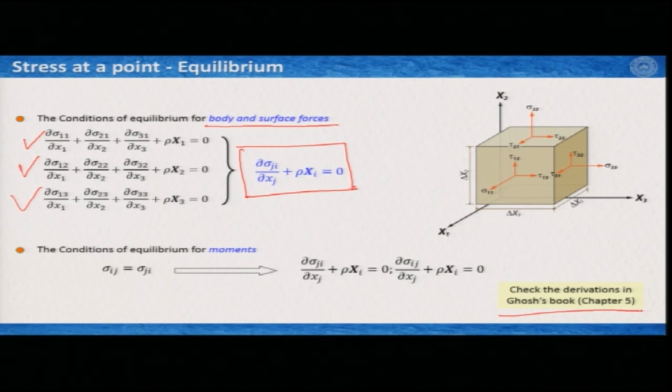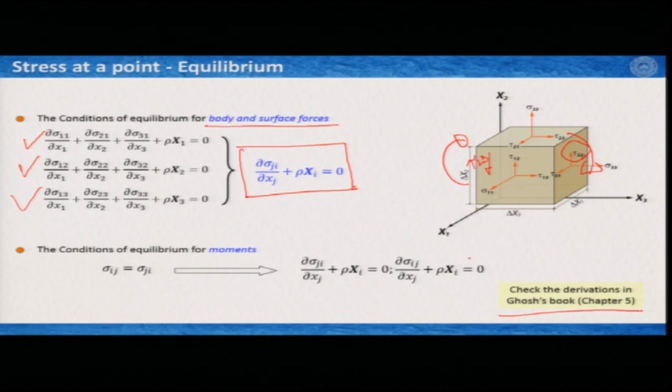And if this is not rotating, that means it is not rotating this way, say for example clockwise, then this tau 32 has to be counterbalanced on the other side by tau 23, and we can show that in an equilibrium condition this is possible. That is the only condition that it does not rotate.